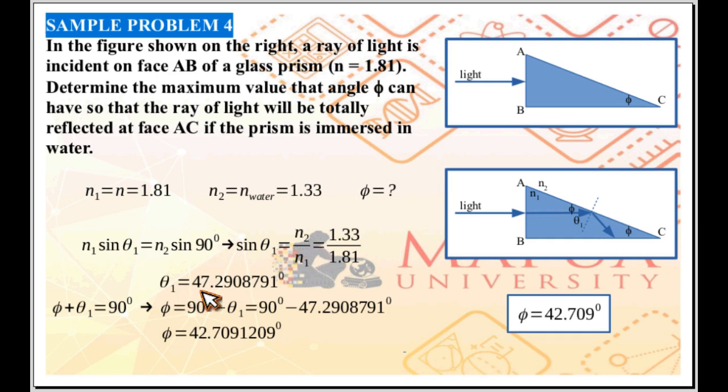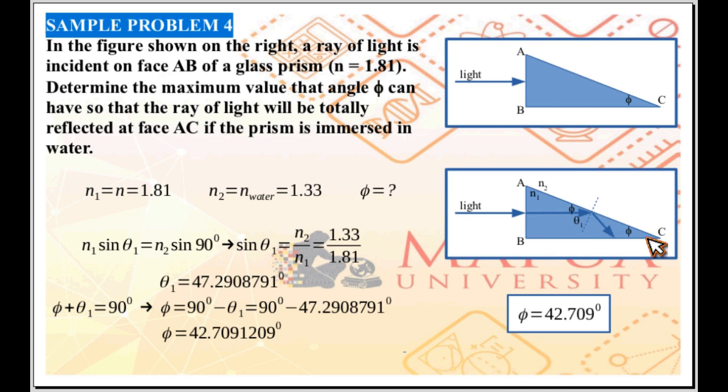Theta 1 is equal to 47.2908791 degrees. Now, that's theta 1. We are able to get this angle. Note that for this angle, we have a triangle which is similar to the triangle of the prism.